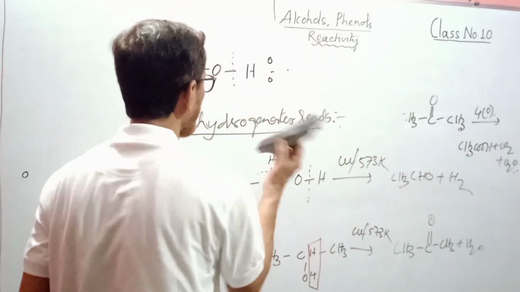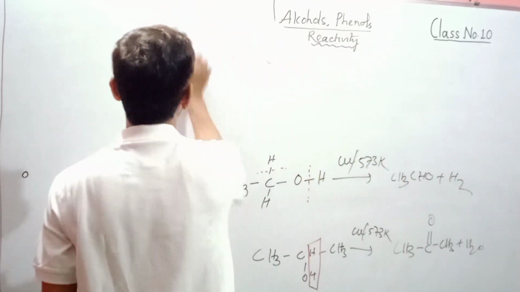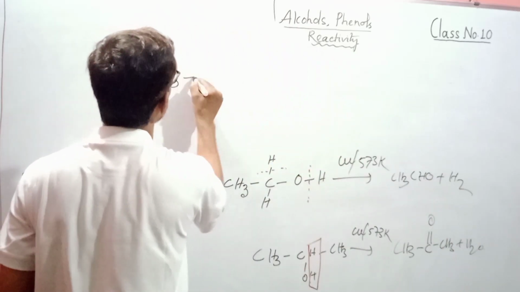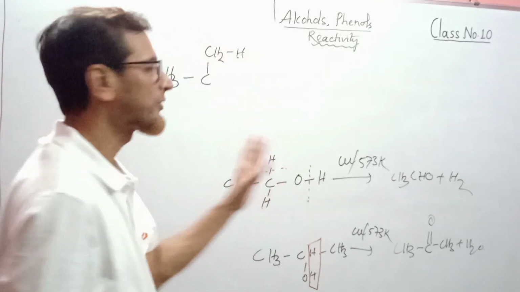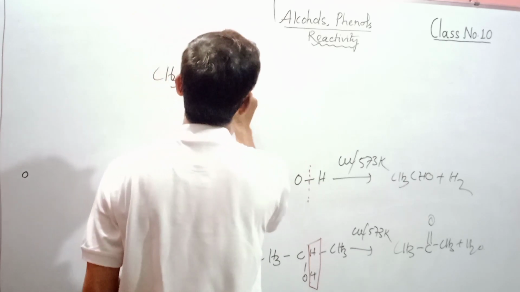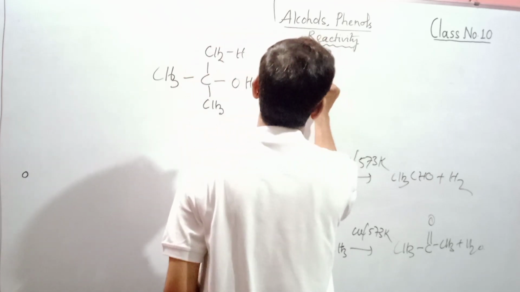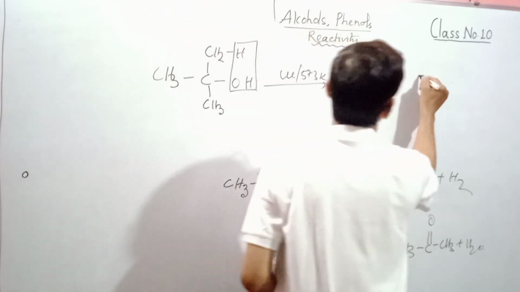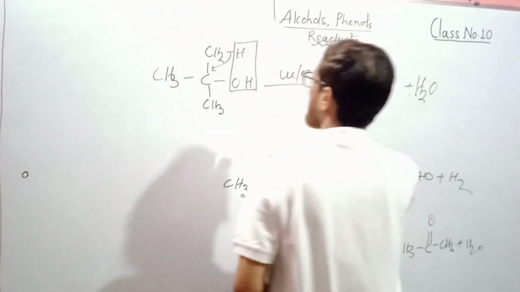Now, a very important fact and exception, and that exception is asked in your exam. What that exception is: if you take 3 degree alcohol, this is the question very often asked. Minutely follow. If you use copper at 573 Kelvin, here dehydration occurs, not dehydrogenation, and this bond comes here.